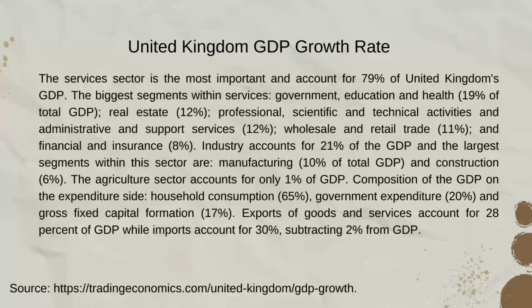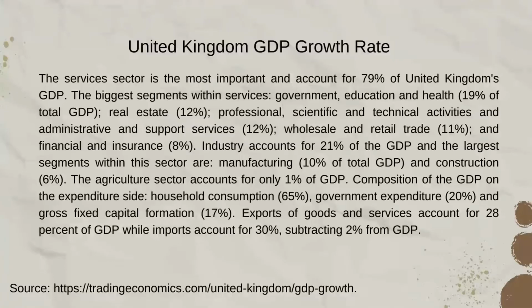United Kingdom GDP growth rate. The services sector is the most important and accounts for 79% of the United Kingdom's GDP. The biggest segments within services are government, education, and health, 19% of total GDP; real estate, 12%; professional, scientific, and technical activities, and administrative and support services, 12%; wholesale and retail trade, 11%; and financial and insurance, 8%.